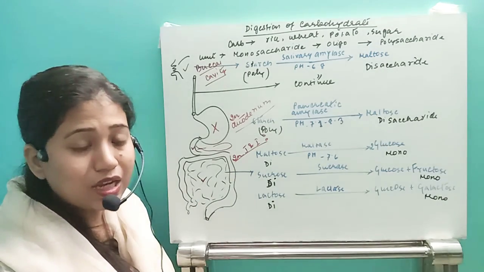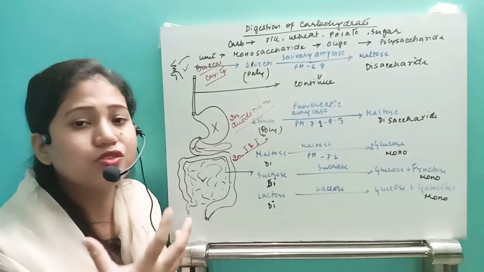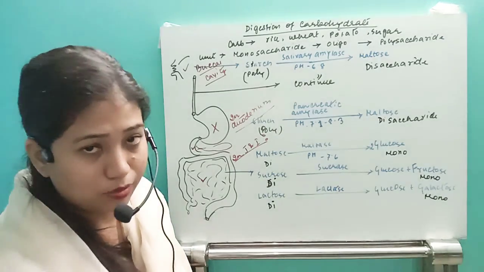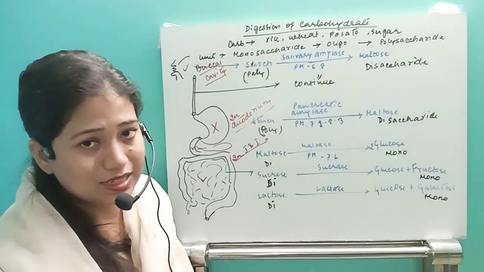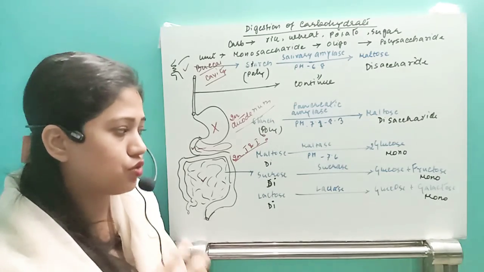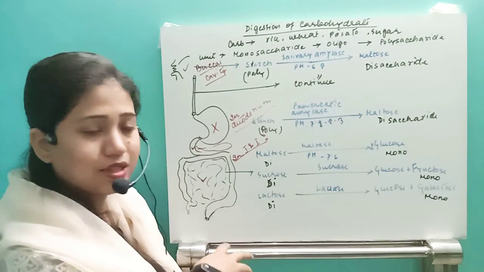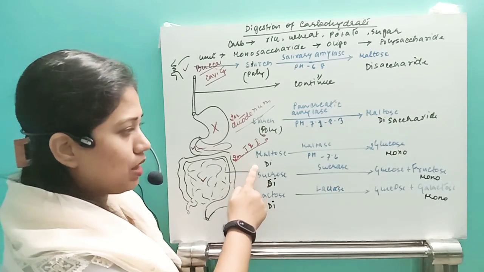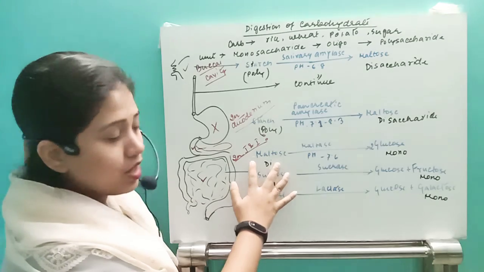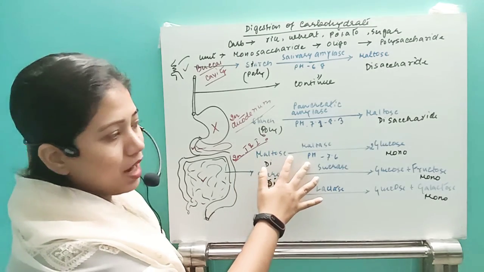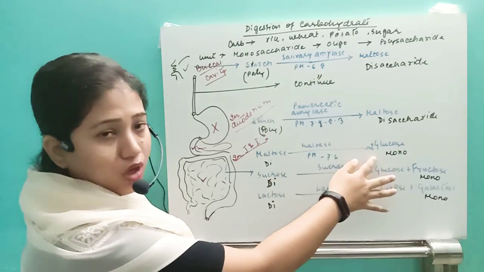In the jejunum and ileum, the succus entericus, the juice released from the crypts of Lieberkuhn, has maltase, sucrase, and lactase enzymes. These will break the disaccharides down. Maltose will be broken down by maltase at pH 7.6 into 2 molecules of glucose.